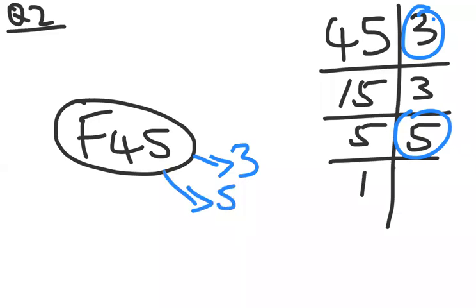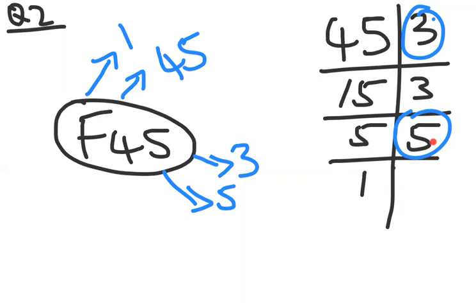But rule number 1, the number itself is a factor, which is 45, and 1 is also a factor. So we already start with 1 and 45, and then we have the 3 and the 5 over here. From here, it's basically just to test if there's something else.